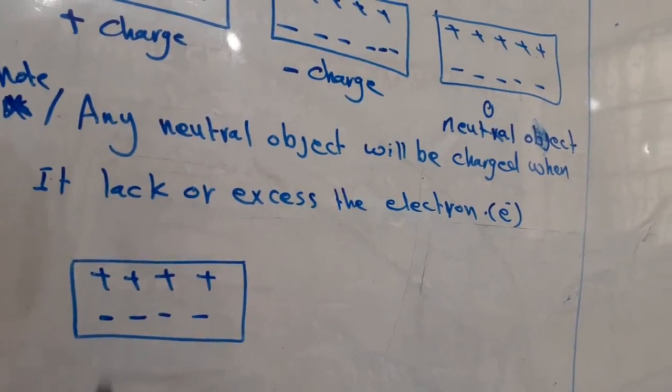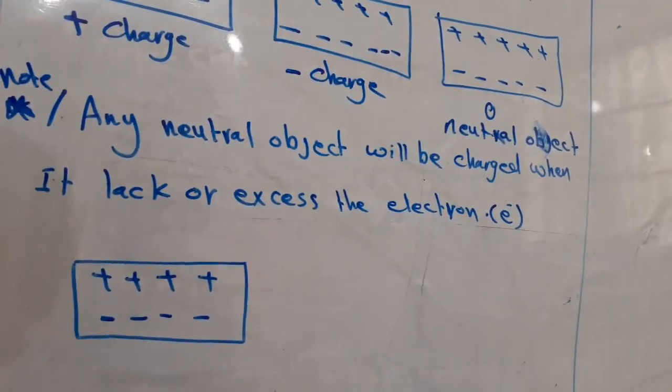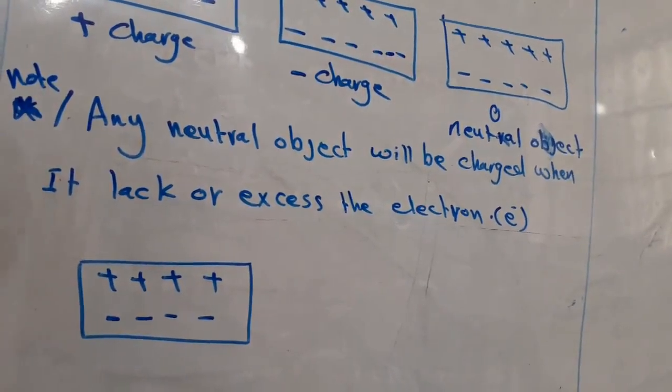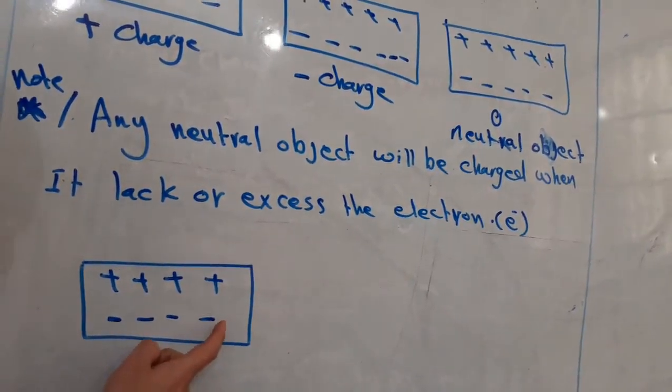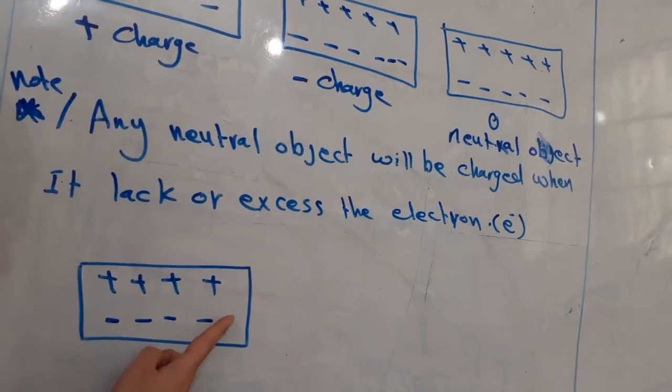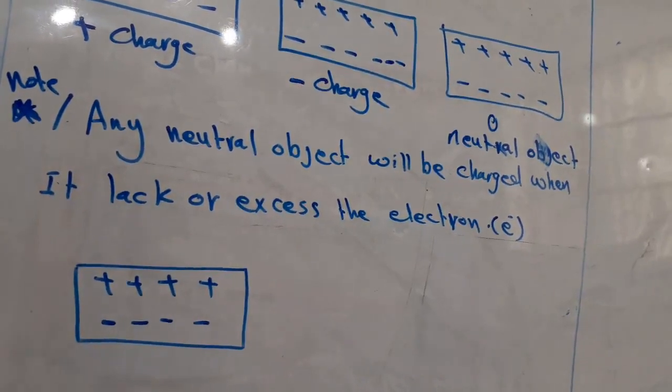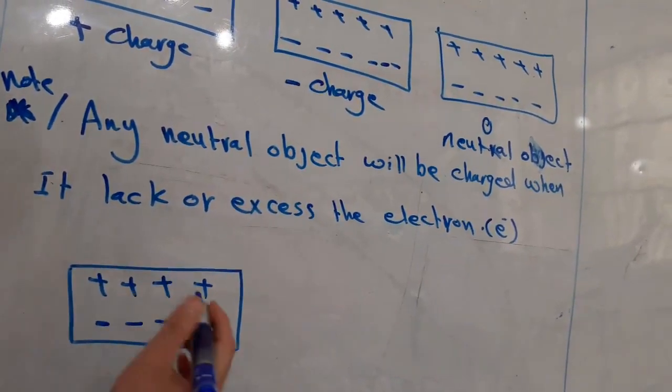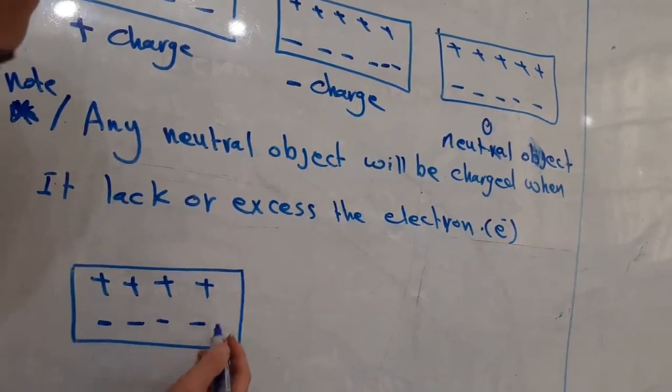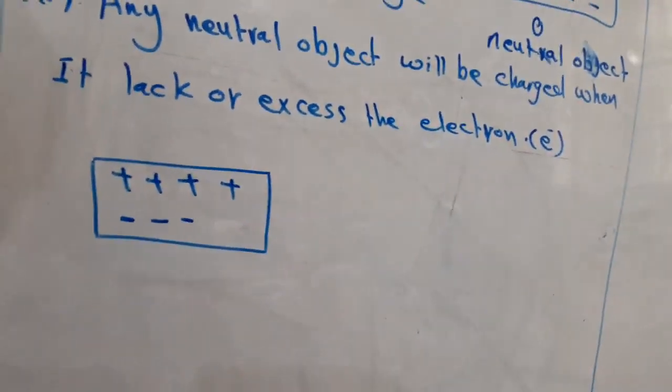For these objects to be charged, they must lose electrons or gain excess electrons. When electrons are lost, the object will be positive.